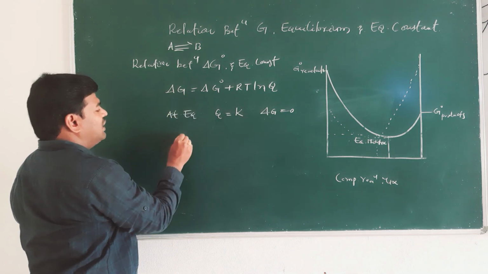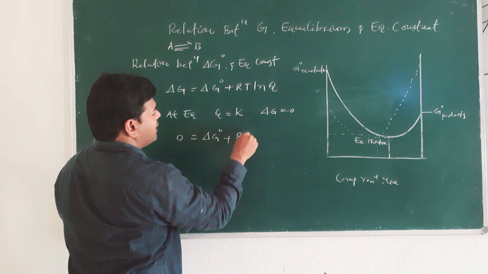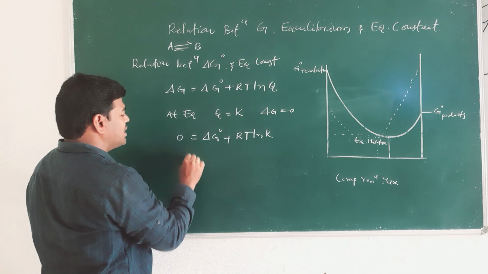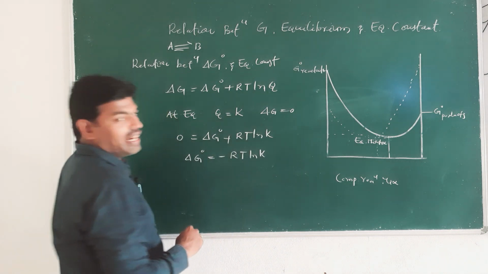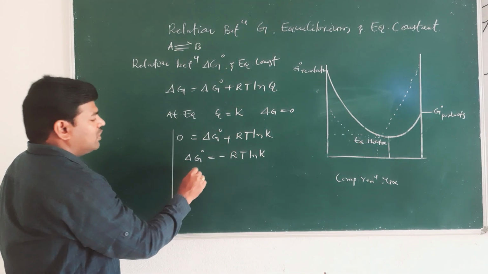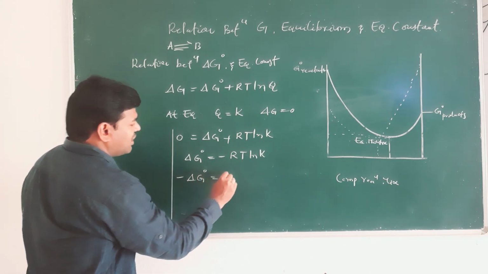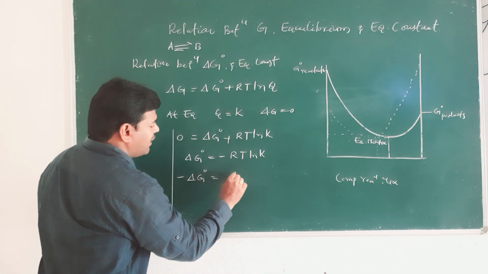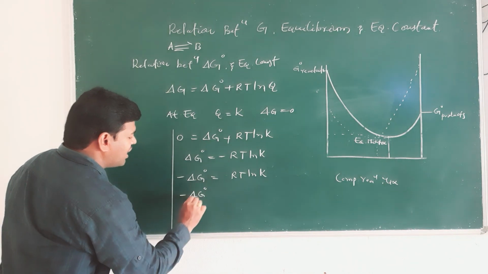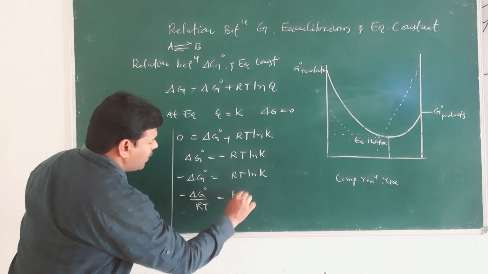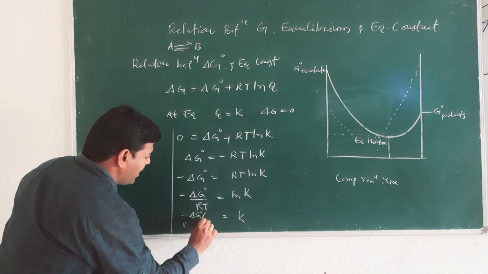Okay, if we substitute in this equation, delta G naught, the standard Gibbs energy change, plus RT ln K, so delta G naught is equal to minus RT ln K. So minus delta G naught by RT is equal to ln K, and K is equal to e power minus delta G naught by RT.